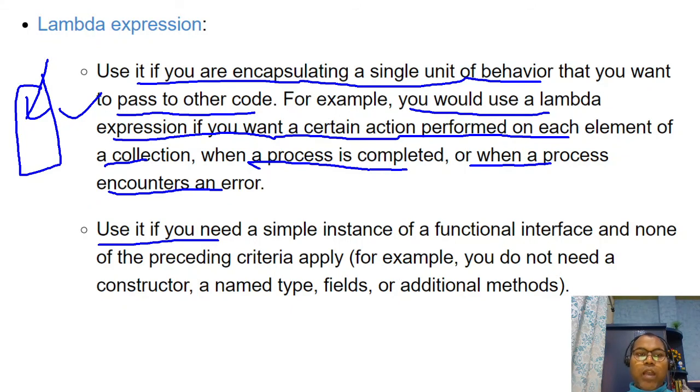So lambda expressions help us define the implementation of the method of an interface that has only one abstract method. This is a simple instance of a functional interface. If you have a functional interface, one that has only one abstract method, the lambda expression helps us declare and define the definition of that single method, and it helps a lot.